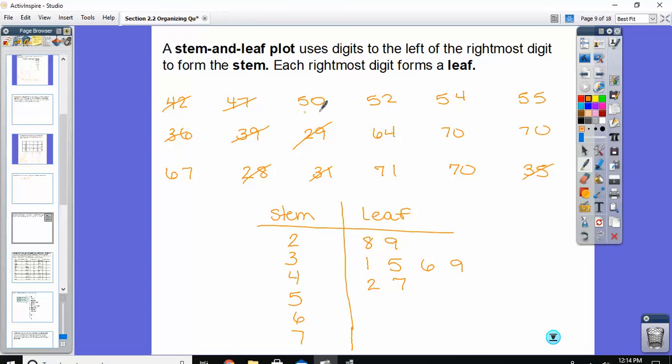My 5s, we had 50, so 0, 52, 54, and 55. My 6s, we had 64 and 67.